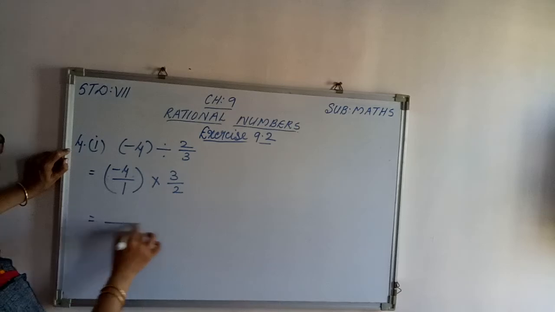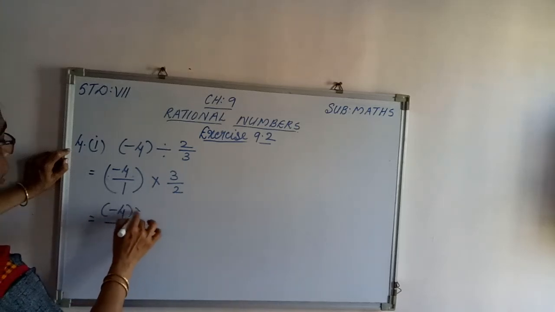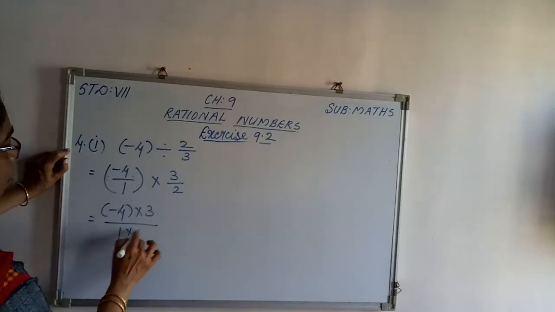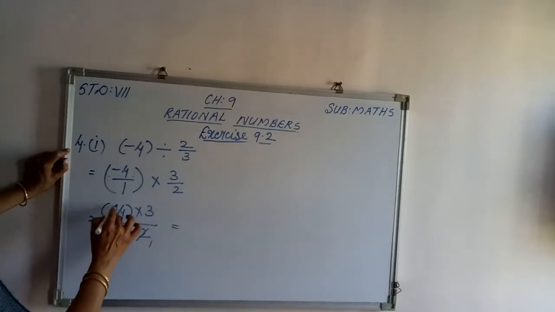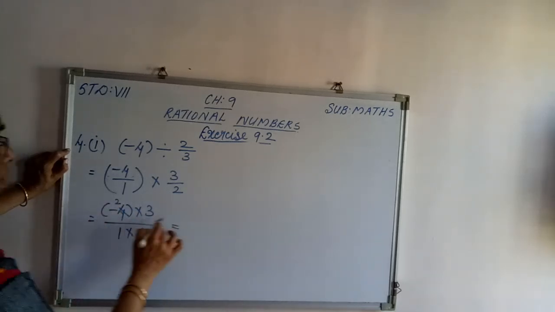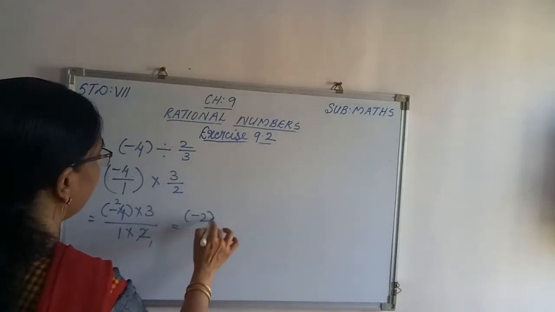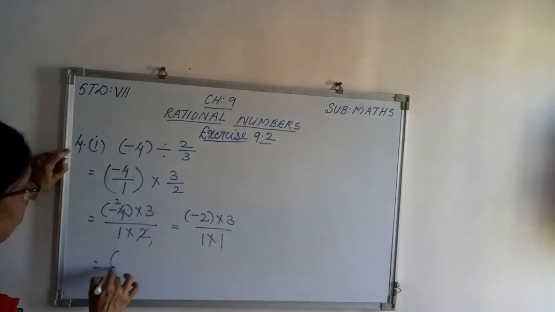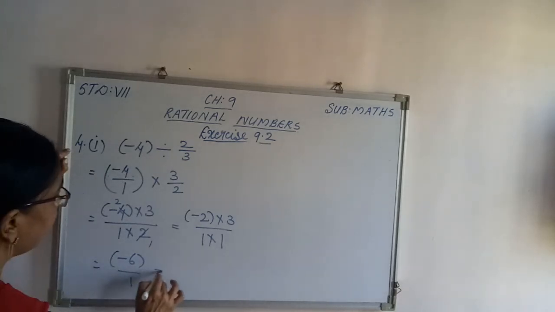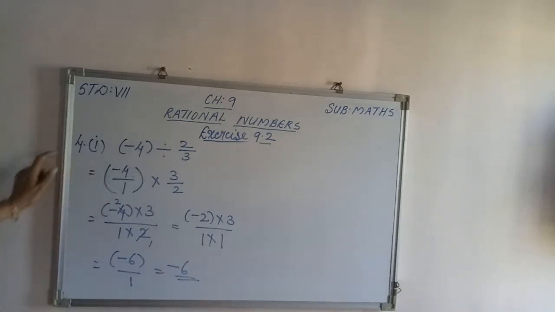Now you know how to do. Minus 4 into 3 upon 1 into 2. See here, 2 1s are 2, 2 2s are 4. So you will get minus 2 into 3 upon 1 into 1. That's equal to minus 6 upon 1, that's equal to minus 6. So minus 6 is the answer.